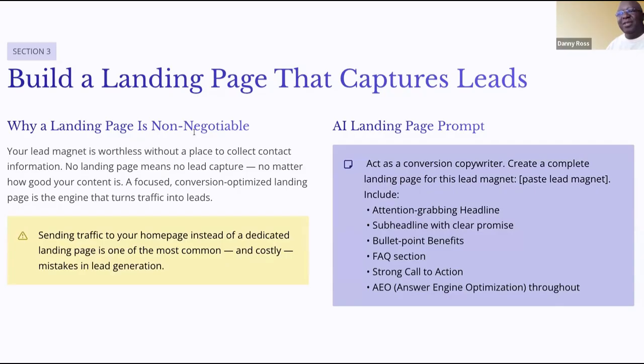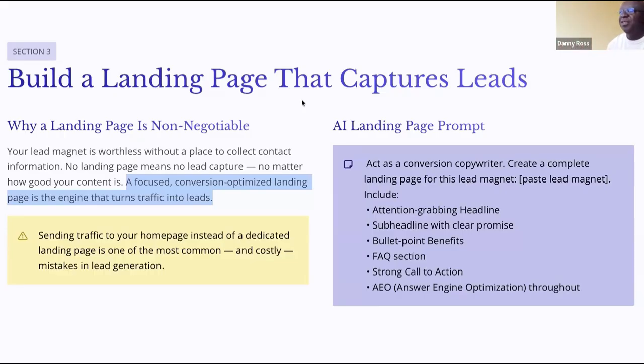So why is a landing page non-negotiable? It's a focused, conversion optimized page that turns traffic into leads. If you send people to your homepage, they can wander in all kinds of directions, and that's fine for people browsing your website. But when you do a marketing piece on a specific thing, the only thing on the landing page should be the answer to that specific thing and how it can help them, what's in it for them.